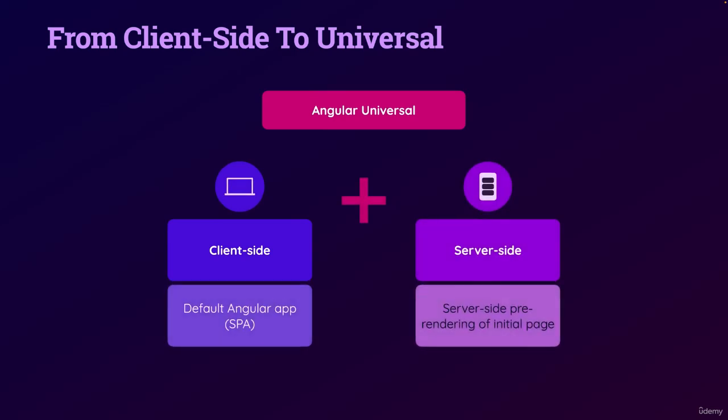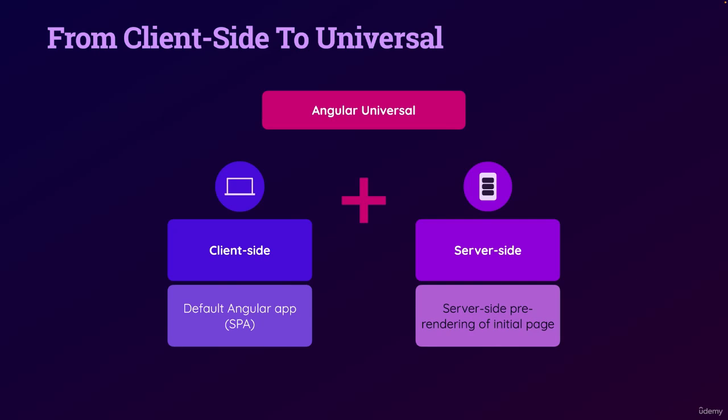You still have a client-side single-page application once the Angular app was downloaded from the server, but the very first page that's loaded by a user will actually be pre-rendered on the server, which simply means that the finished page will be served to the user, and the user, or web search crawler, therefore doesn't have to wait for the JavaScript code to be downloaded and executed to see something on the screen.